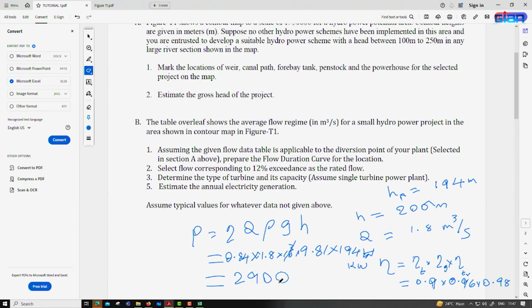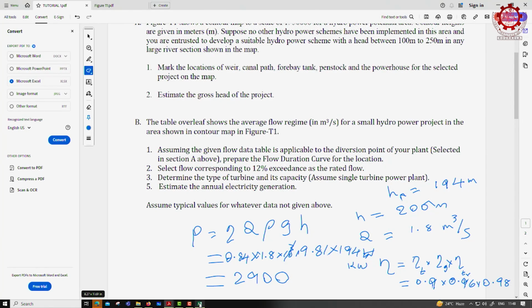So, our plant as per this calculation has a capacity of 2900 kilowatt, 2.9 megawatt for the location that we have selected, right. Depending upon the point you have selected, your head will be different, etcetera. We have assumed the data table applied to you, but in reality you have to get the real data table worked out by a hydrologist.